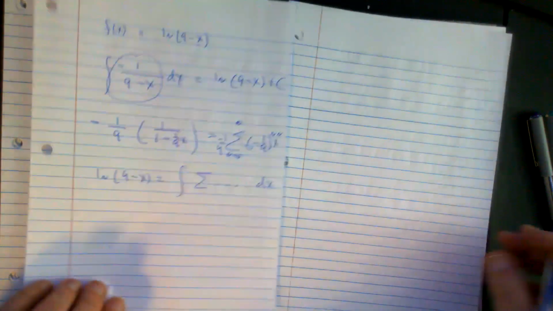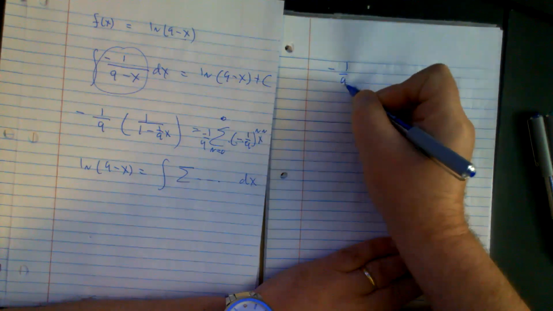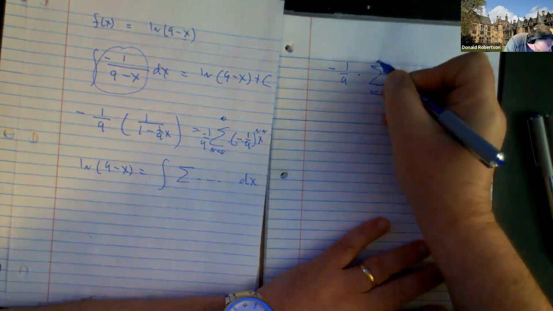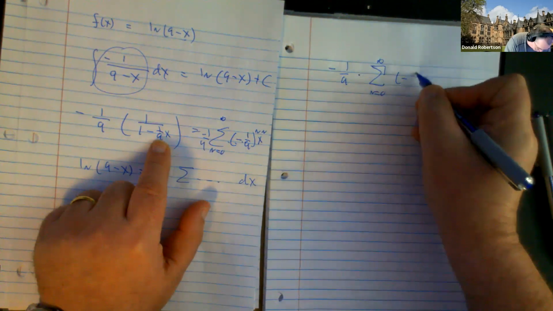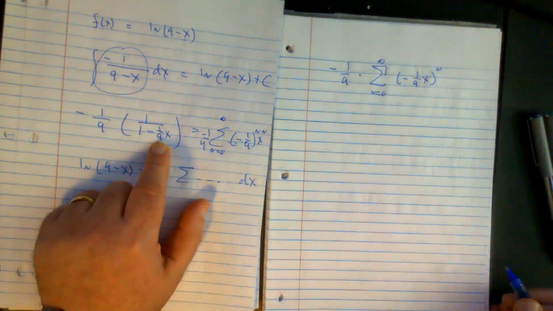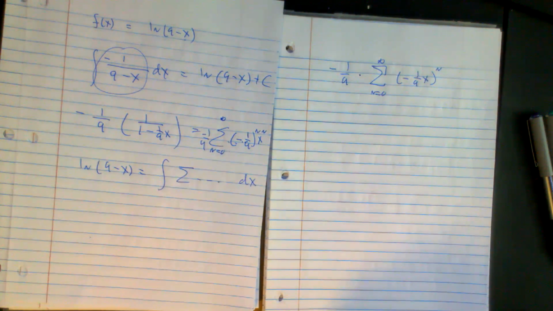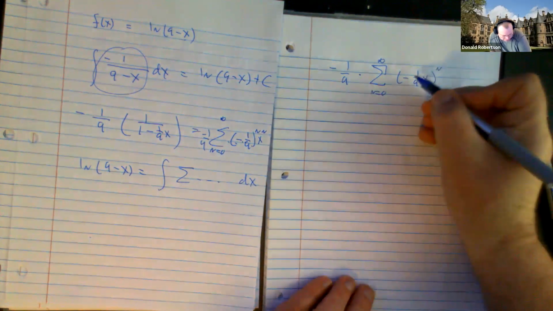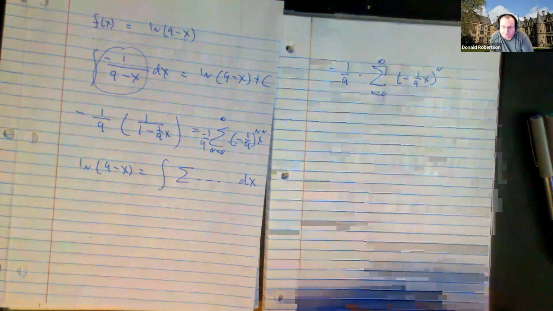Yeah, it's -1/9 times sigma, n equals 0 to infinity, of (-1/9 x)^n. Agreed? Wait, hold on. I thought that the 1 over 1 minus x result is a plus. You're right. The negatives are a plus. Yeah. Are we good now?